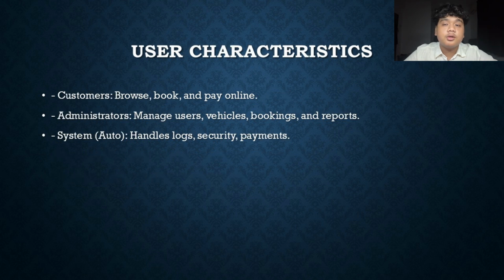Next, I would like to go to the user characteristics. The system serves three main user types, each with a distinct role. First is the customers. These are the end users who rent vehicles. They can browse available cars, make bookings, pay online, and view their booking history. The interface is designed to be intuitive for users with basic skills. Next is the administrator.